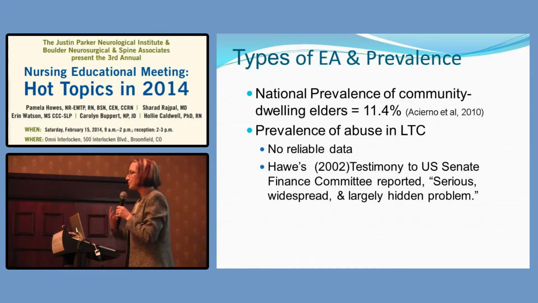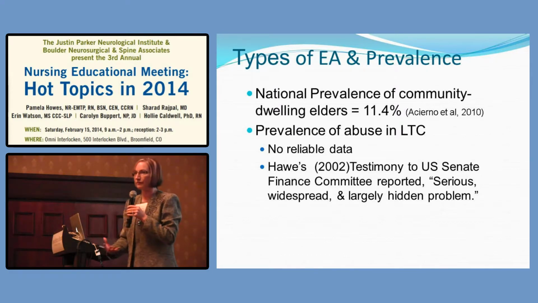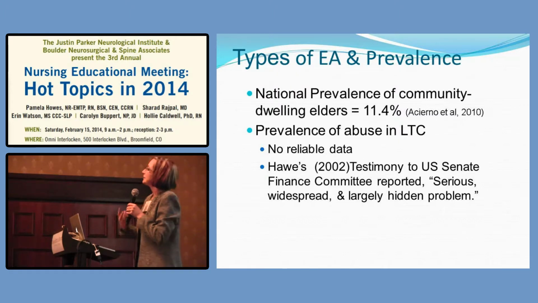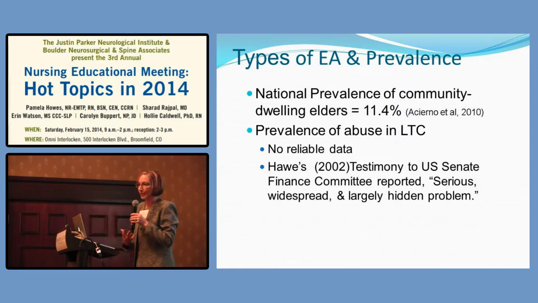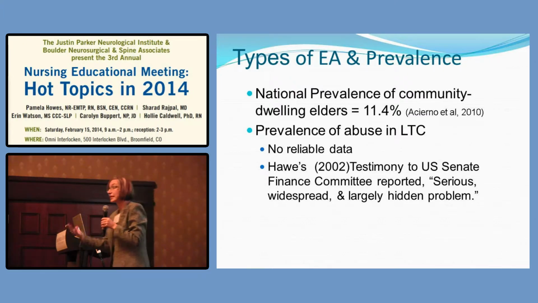Because elders, just very much like any victim of violence or crime, have a hard time admitting that this has happened to them. Yeah, that's right. And this is one of the biggest things that we run up against as nurses and as researchers: the elders themselves who are experiencing elder abuse are often very ashamed and embarrassed that this is happening to them, or they feel they let this happen to them.